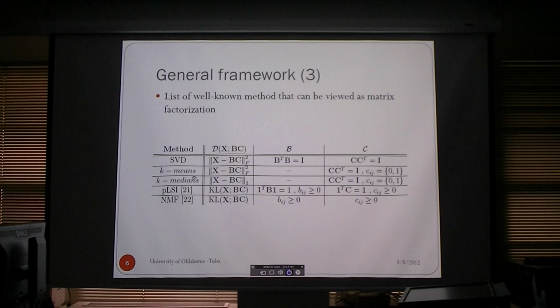For example, in singular value decomposition, we measure the difference between the decomposed matrices and the original data with the Frobenius norm, and we have some constraint on the basis matrices, which is that B transpose times B must be identity, and also for C.